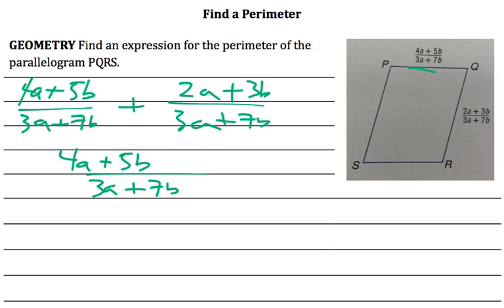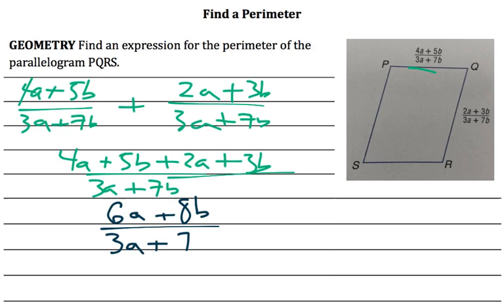There's no minus sign to deal with in the right fraction, so I'll write plus 2a plus 3b. And then when I combine like terms in this step, I look for all the a's, 6a. I look for all the b's, 8b total. And I have 3a plus 7b.